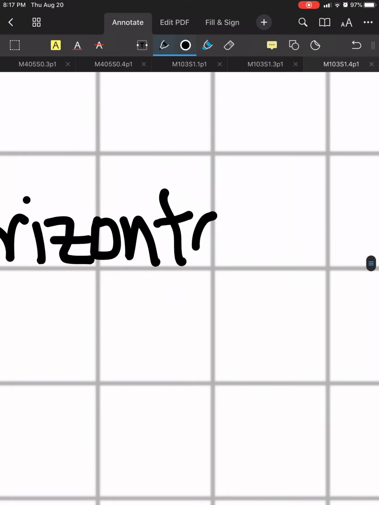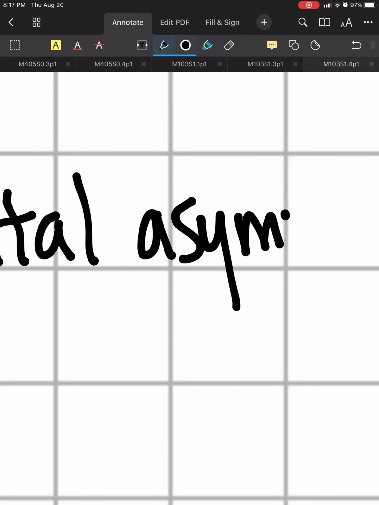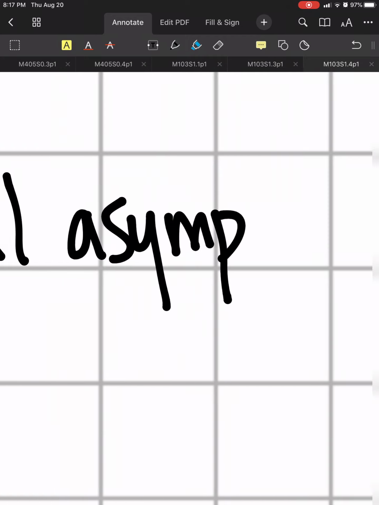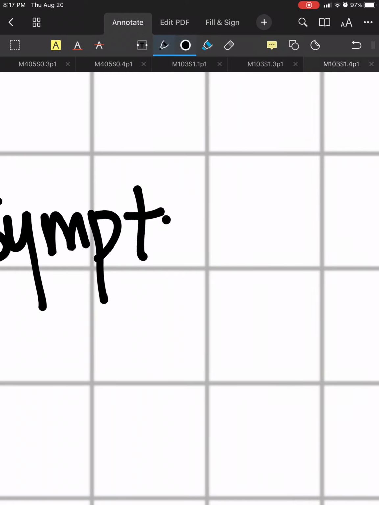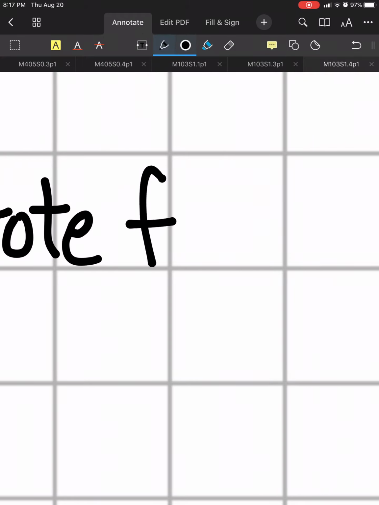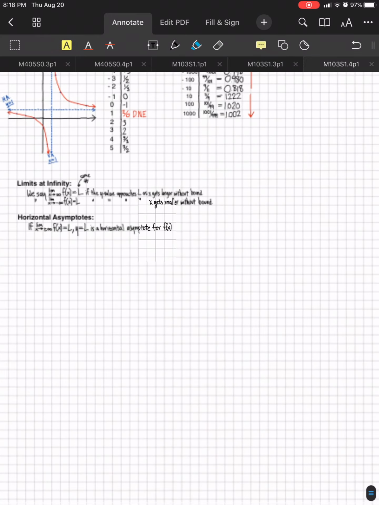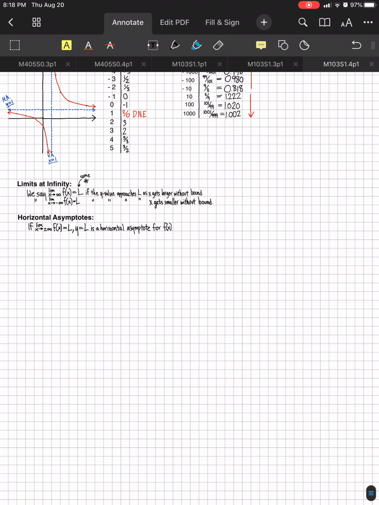That's what we mean by a horizontal asymptote. In other words, it's a horizontal line that our function gets closer to as we go out to the side. There we go. So that's what we mean by a horizontal asymptote.